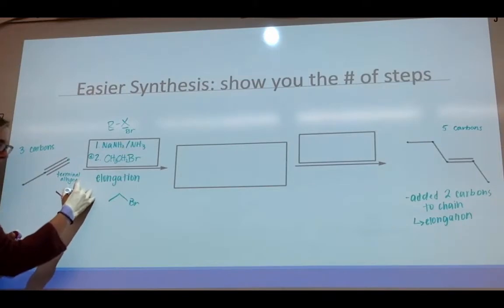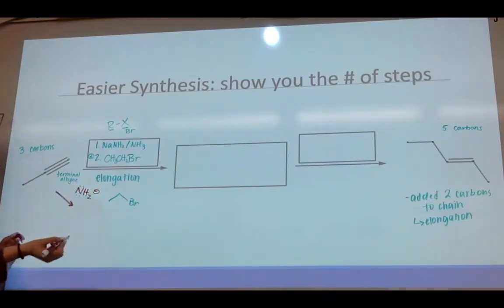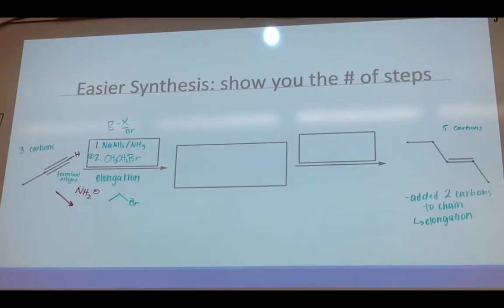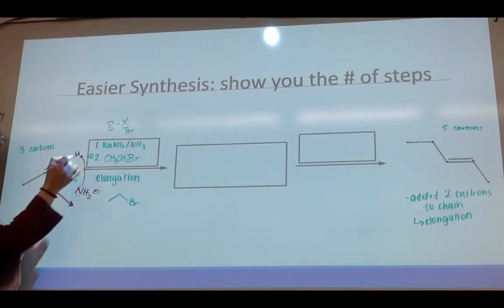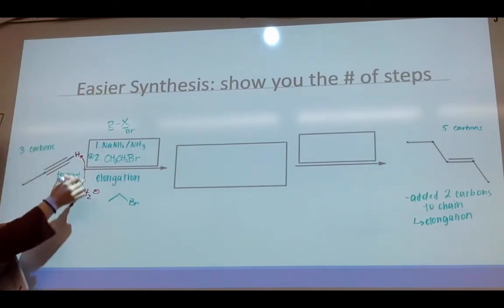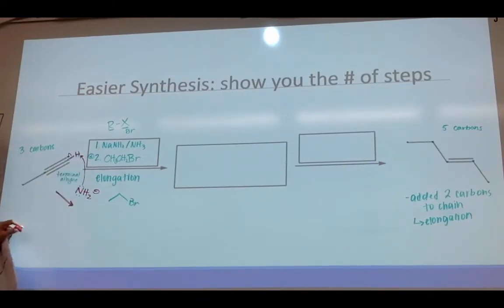So NH2 is a strong base, that Na is just a spectator, but off of this terminal alkyne, there's a hydrogen. During chain elongation, this lone pair on the strong base is going to take the hydrogen. When the NH2 minus takes the hydrogen, these electrons in the bond go directly to that carbon.